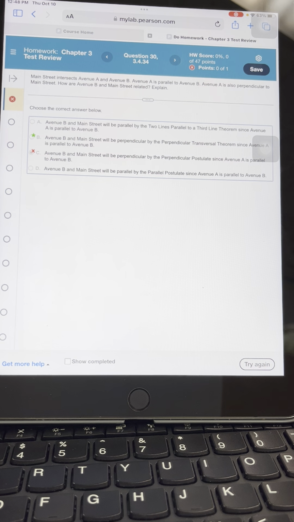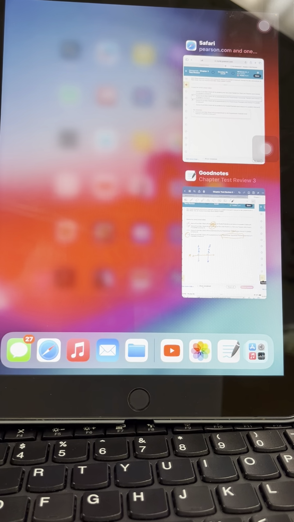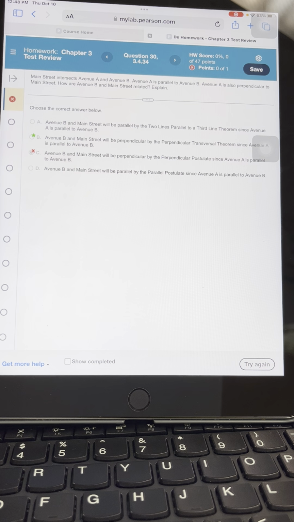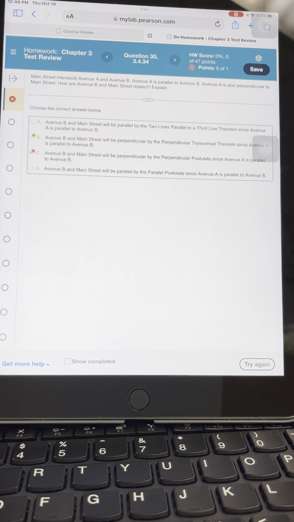In here it was D, but in here it was B. So don't worry too much about that. That really confused me. So there you go. Okay?